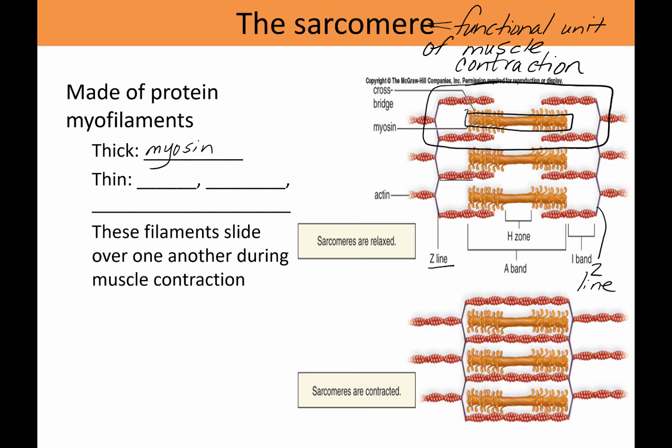The thin myofilament here, which is kind of strange, it actually has 3 different proteins. They're just small. So the main one is actin that will be on here. That's actually what they're showing in this picture. But then surrounding the actin are 2 regulatory proteins. Okay, one is called troponin, and the other one is called tropomyosin.